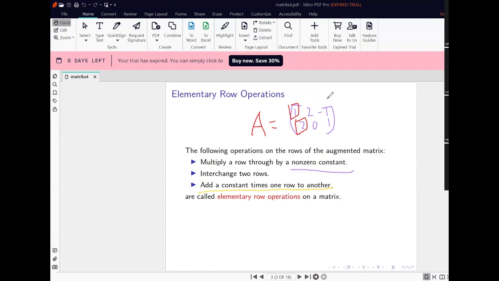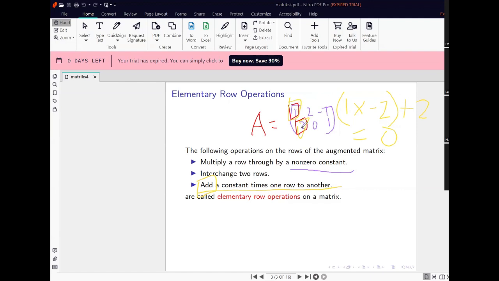We multiply 1 by minus 2, and we add the result to row number 2, to the 2 here. The result is equal to 0. So to make 2 into 0, we multiply 1 by minus 2 and add the result, which is minus 2 plus 2.